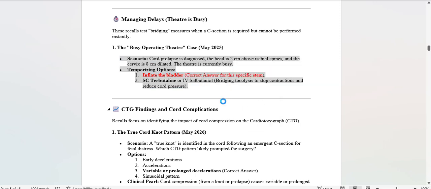Cord prolapse is diagnosed, the head is 2 centimeters above the ischial spine and the cervix is 8 centimeters dilated. The theater is currently busy. Temporising options: inflate the bladder, subcutaneous terbutaline or IV salbutamol bridging tocolysis, stop contraction and reduce cord pressure. Patient is at 8 centimeters. The theater is currently busy.